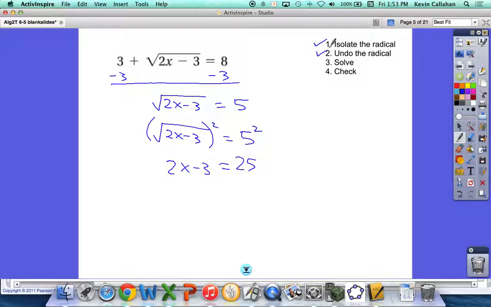Now you're left with an equation, which may be any kind of equation. In this case, it's a linear equation, meaning x to the first, meaning that you'll be able to solve this using just basic algebra. So what will you do? Add 3, divide by 2.